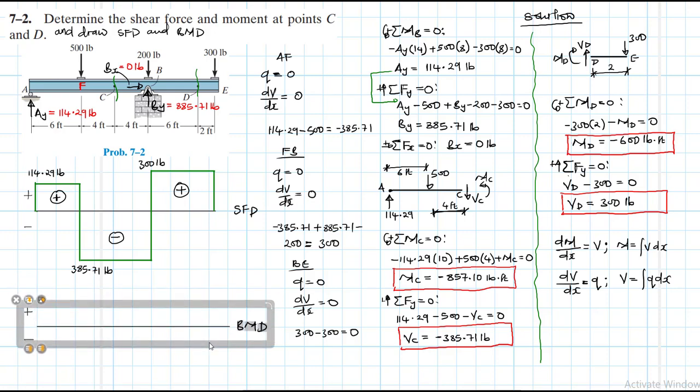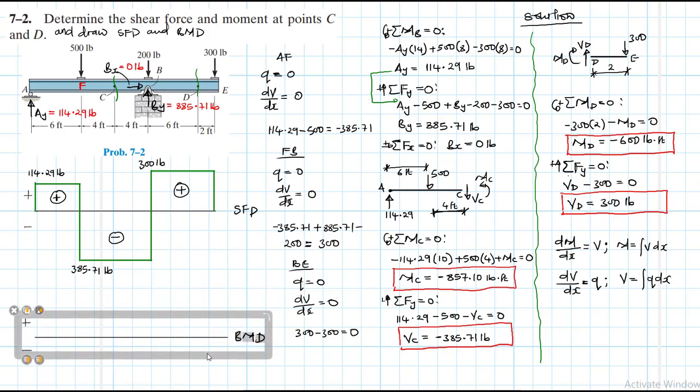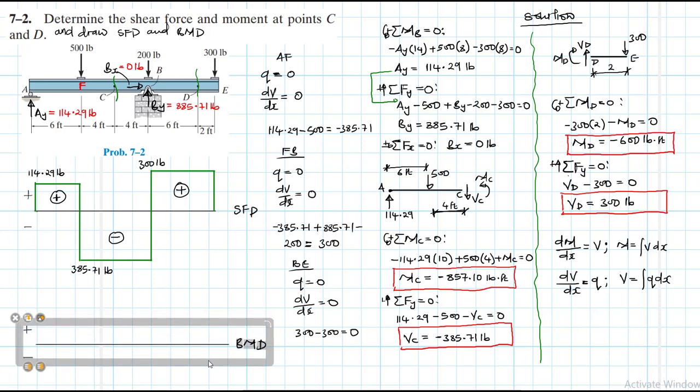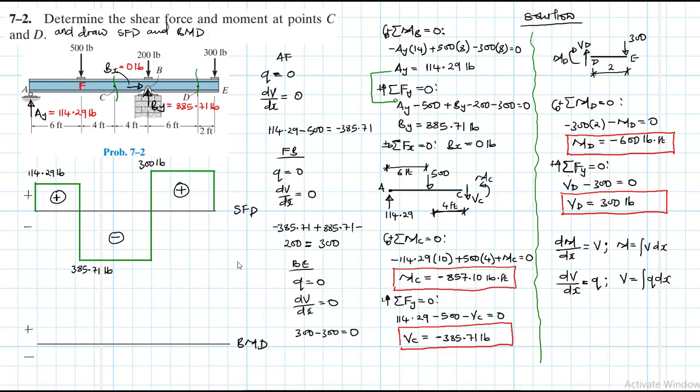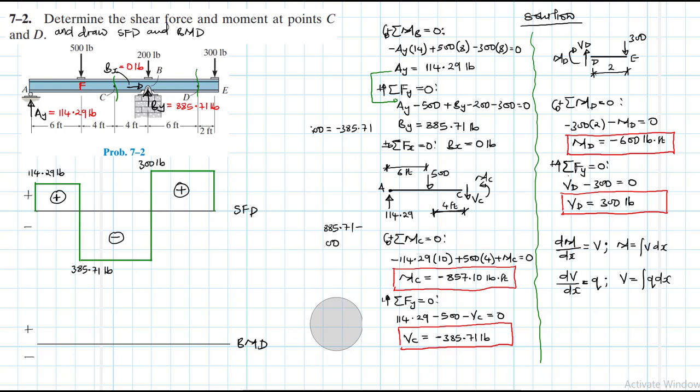Let's just move this a little bit, maybe up to somewhere there. Okay. Alright. So what do we have for bending moment? Again, we are going to relate shear to the moment.